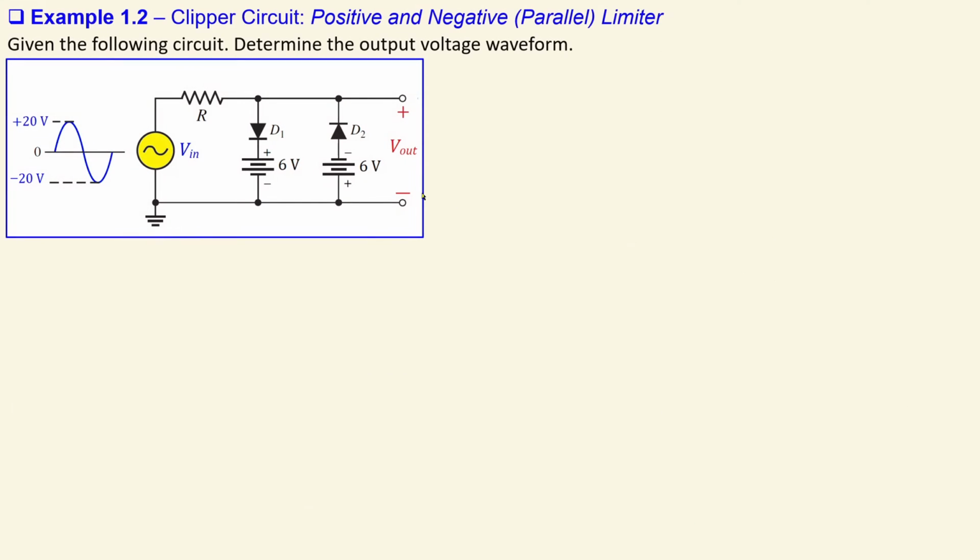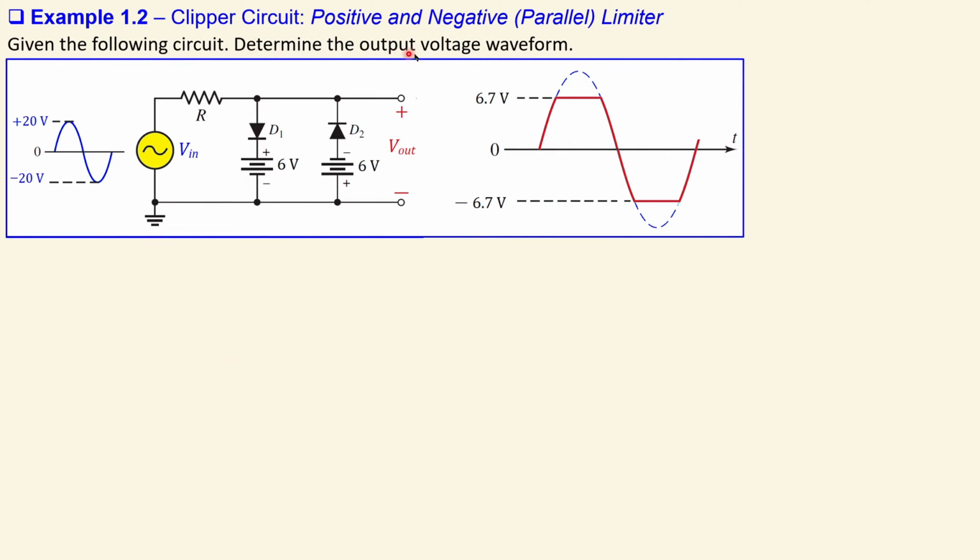Okay, let's now look at the positive and negative clippers together, and again that example we just discussed, now in more detail. Now, if I want to make the output waveform here 6.7 and minus 6.7, as we have discussed earlier, because this is 20, this resistor will then limit the current, and this will only allow me to get up to 6.7, and this will allow me only to go down to minus 6.7.